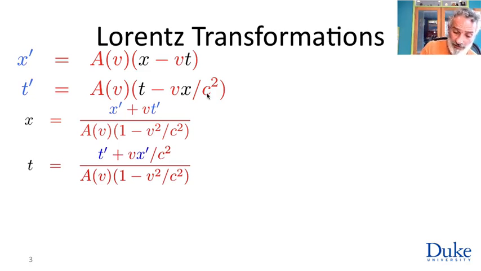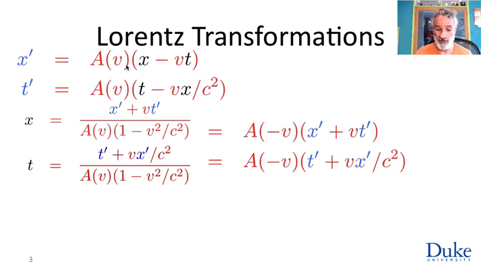We basically repeat the calculation we did here, but with relative velocity negative v. In other words, this should be the same as that with the sign of v changed. So that's what we expect, that the transformation from x prime and t prime to x and t will be the same as this, with everywhere v replaced by the relative velocity negative v.